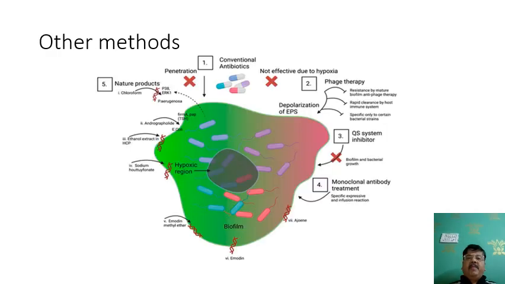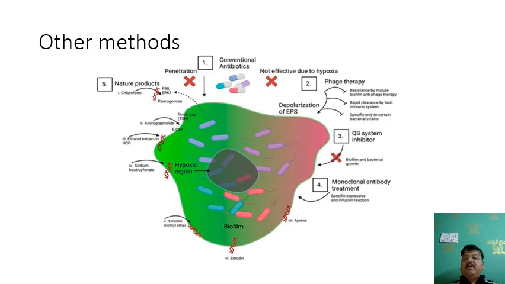Other methods are also there. We can give conventional antibiotics, but the problem is the penetration of antibiotics, and giving more and more antibiotics is not the way, because again there is the problem of antimicrobial drug resistance. It is also not effective because there is hypoxia. Next is bacteriophage therapy.